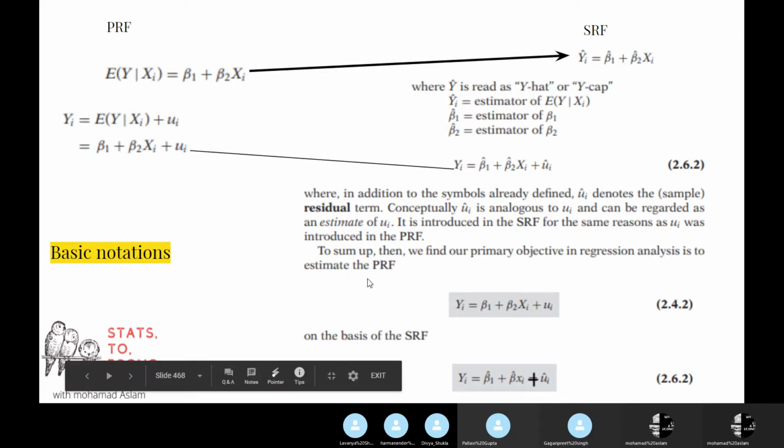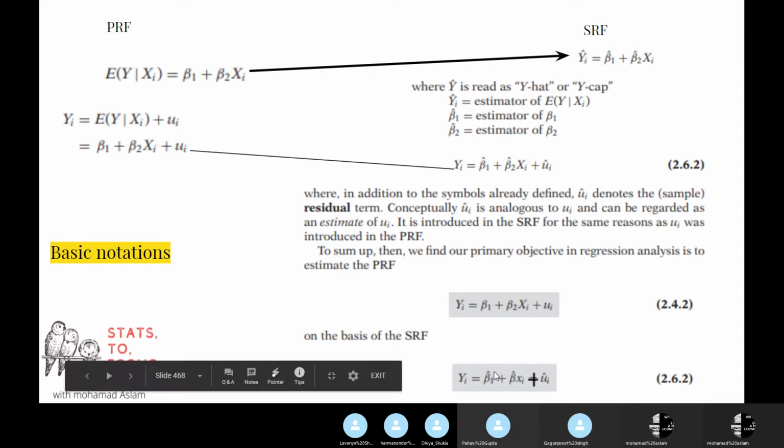Any doubts so far? This is our population regression function, and this is our sample regression function, which has two parts: beta 1 plus beta 2. Here this beta 2 is missing, it's a typing error. Beta 2 hat xi, and with that the error term, the residual term.